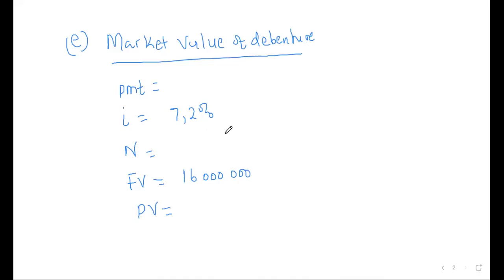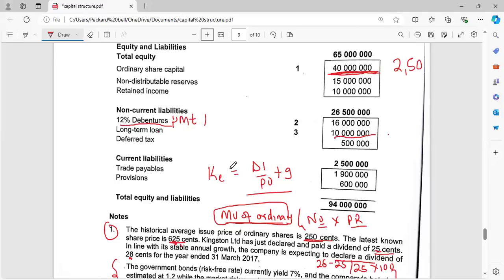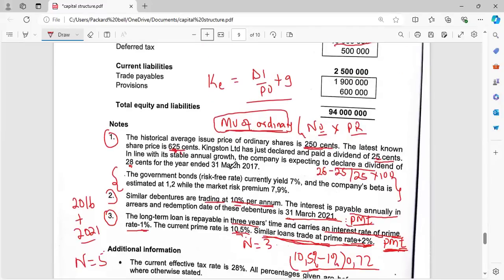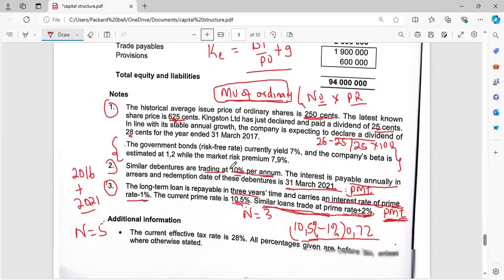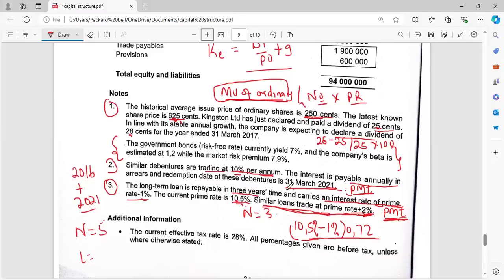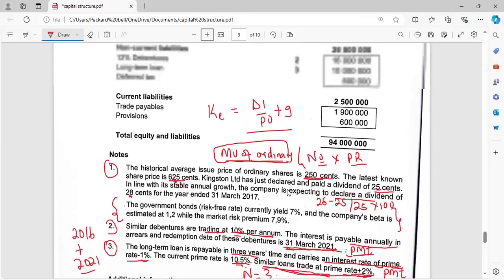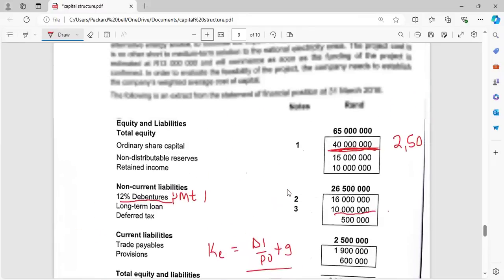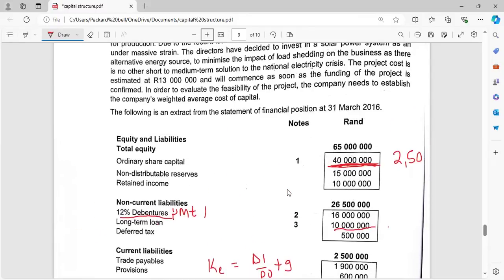The debenture is going to be paid when? Annually, 31 March 2021. We are in which year here? We are in 2016. 31 March 2016.